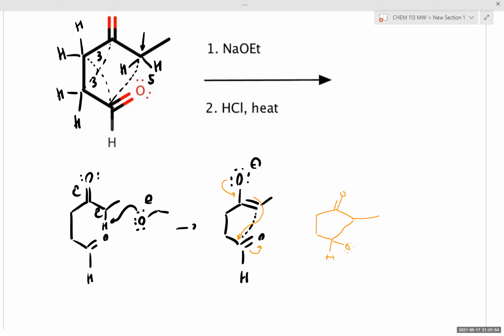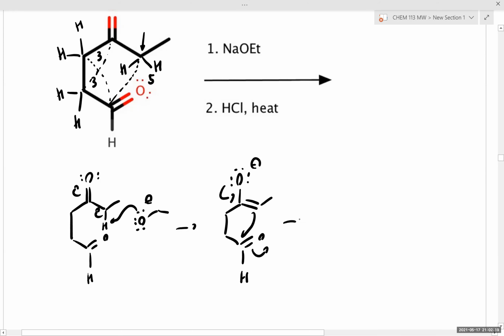So from here, now that we have our beta hydroxy ketone, if we quench this product with hydrochloric acid and we heat our mixture, what will happen next? So let me just re-annotate what the students have drawn so far. One moment. So we have our beta hydroxy ketone.